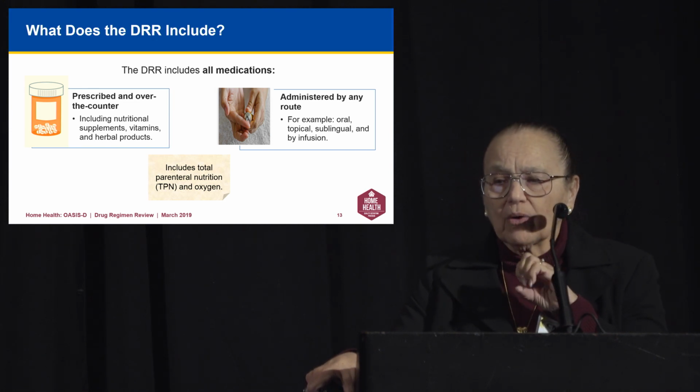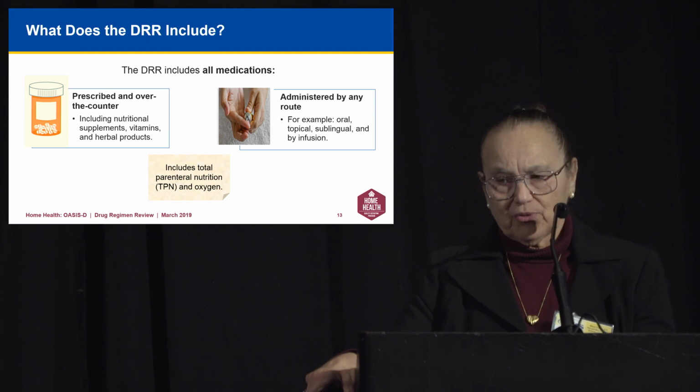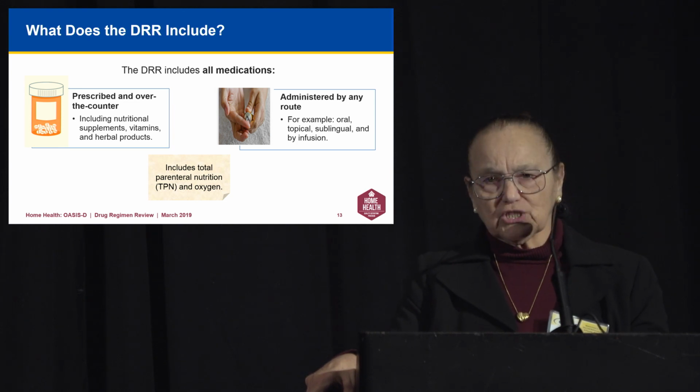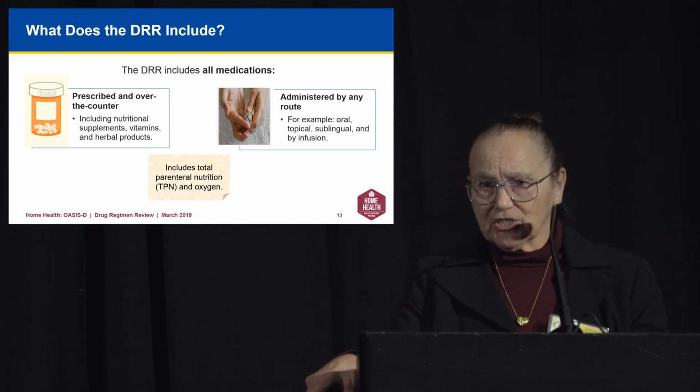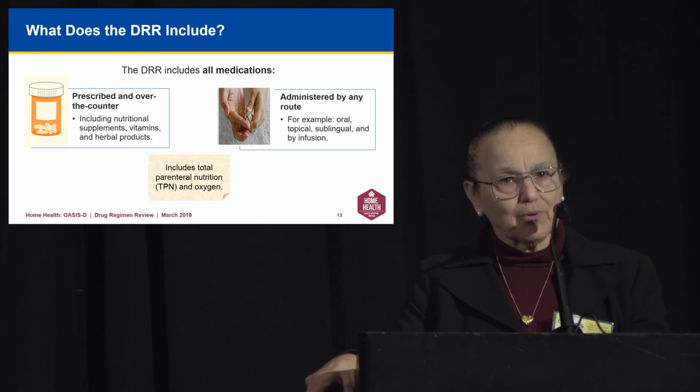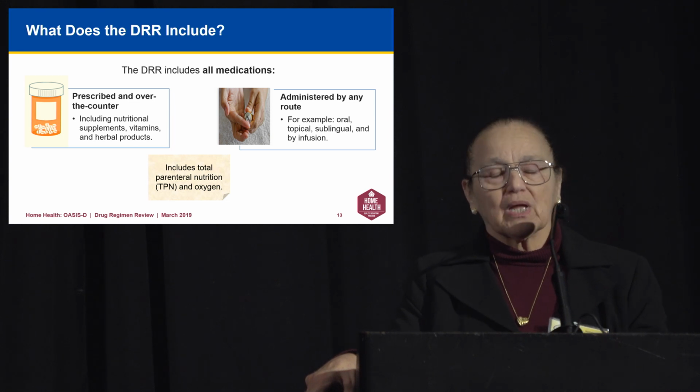When we talk about including prescribed and over-the-counter medications in the drug regimen review, I had such a head-on collision with over-the-counter medications in my own life that I really do need to explain how critically important this can be.